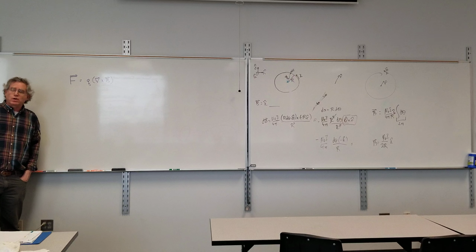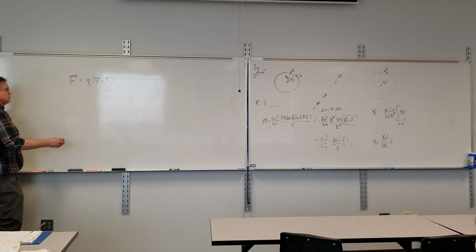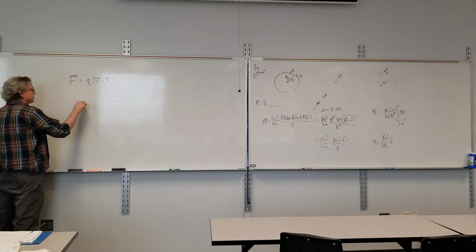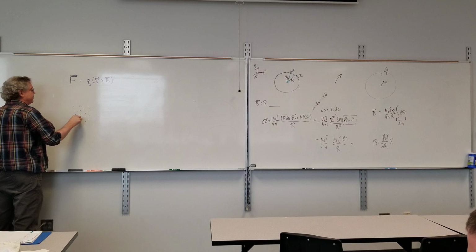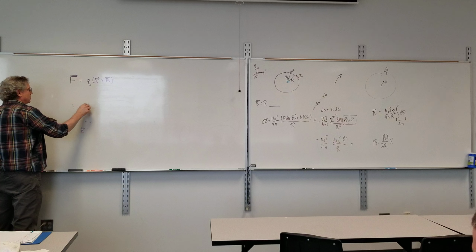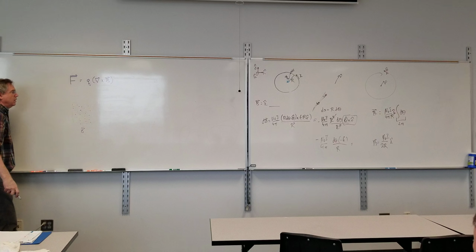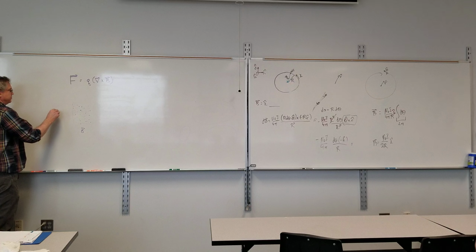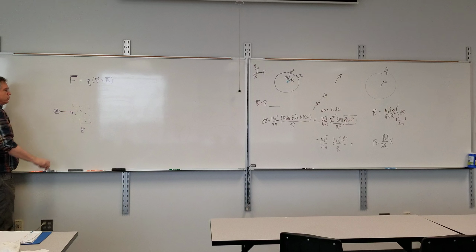So first let's just work on directions. Don't worry about the computation quite yet. This is a magnetic field coming out at us. As the magnetic field is coming out at us, I'm gonna take a proton and shoot it into the field.